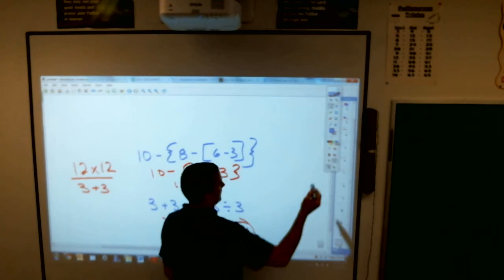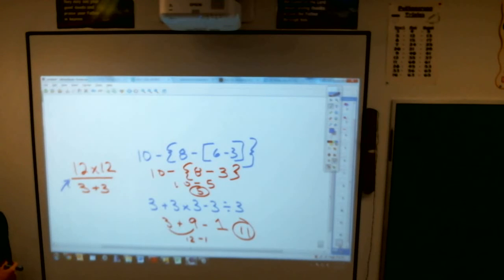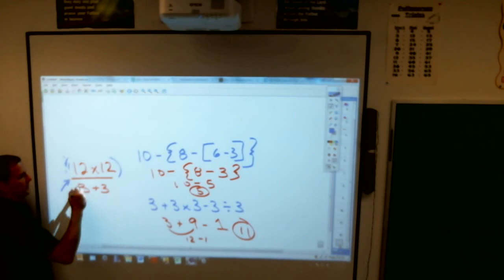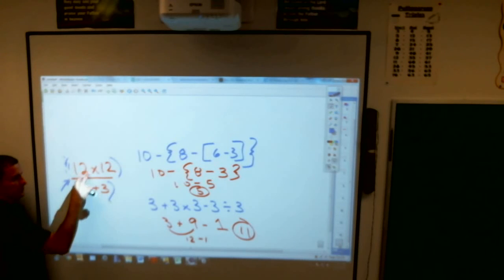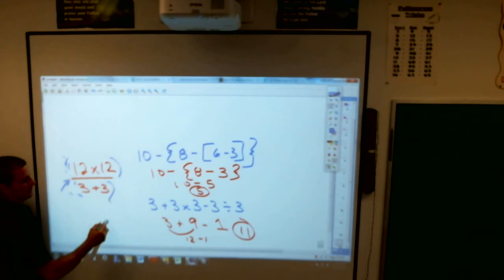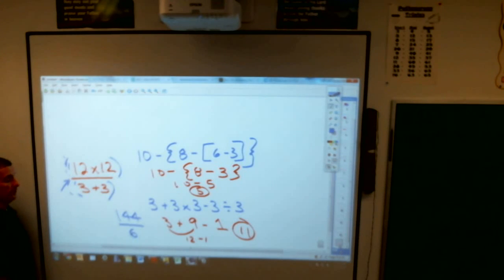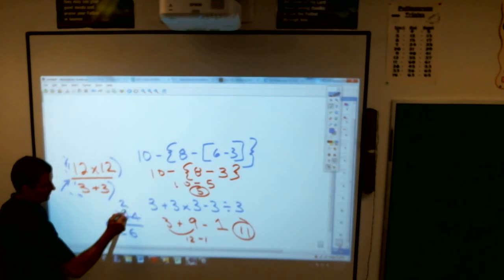When you have a problem like this, the fraction line is a grouping symbol, which means you need to simplify the top, then simplify the bottom, and then you can do your division. So the parentheses get done first. 12 times 12 is 144 on top. 3 plus 3 on the bottom is 6. And then once you simplify that all the way, then you can divide the 6 into 144, which is what? 24.